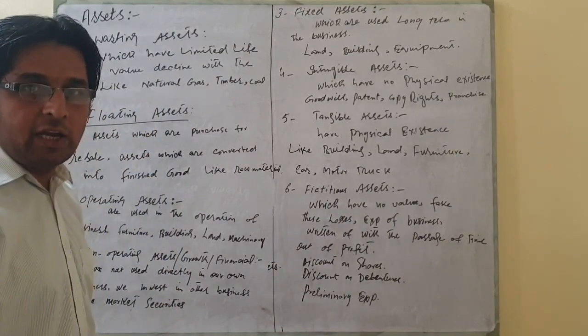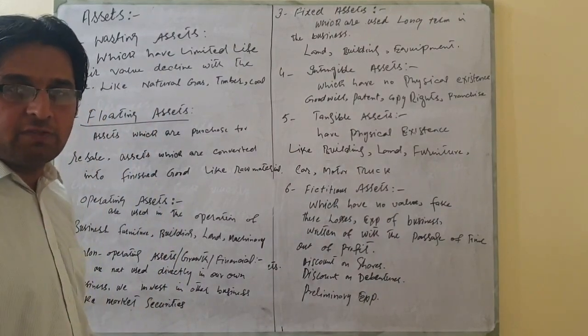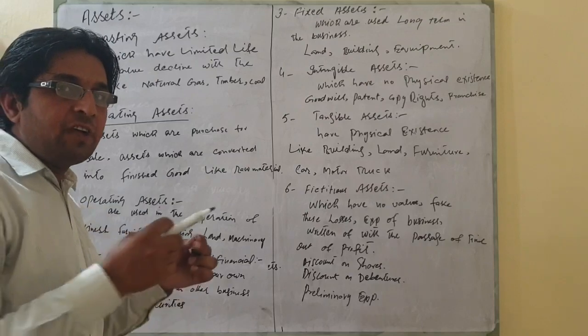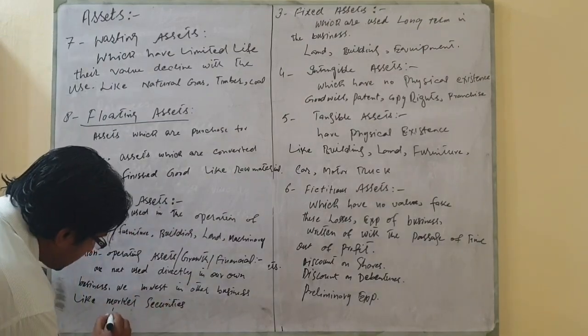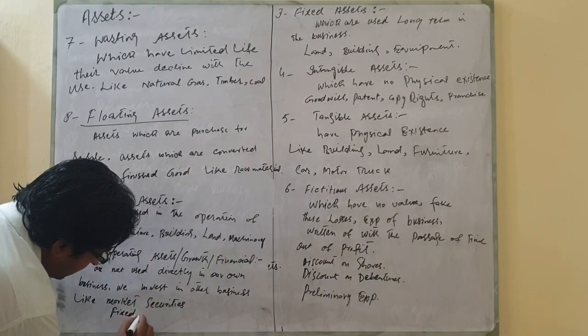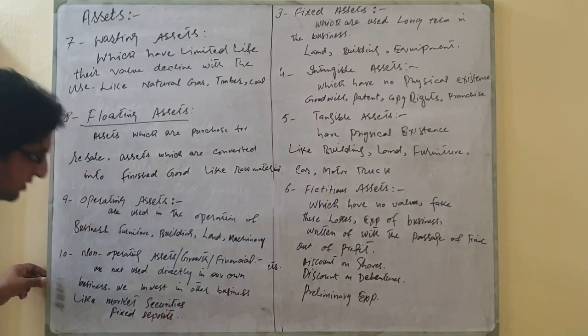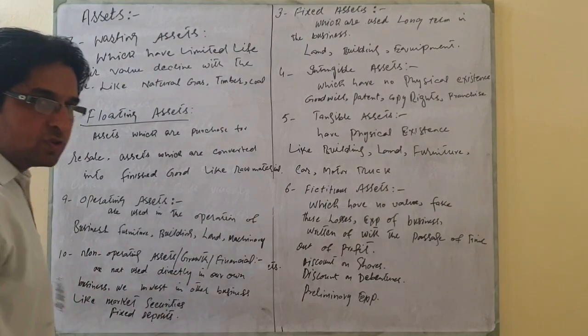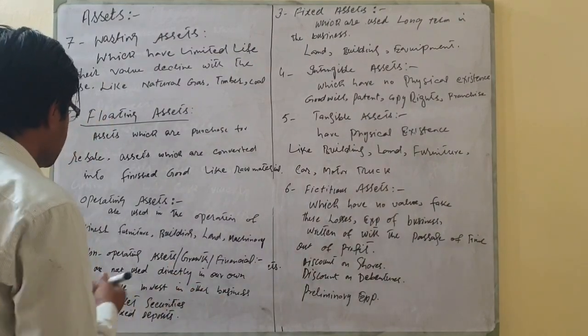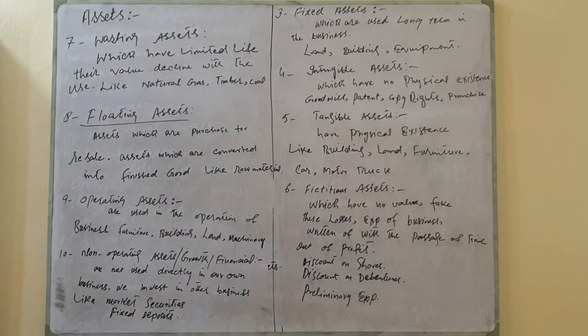Like we purchase market securities, we purchase the shares of another company, we make fixed deposits. So these fixed deposits are not used in the business. Market securities are not used in the operation of business, so these are called non-operating assets.